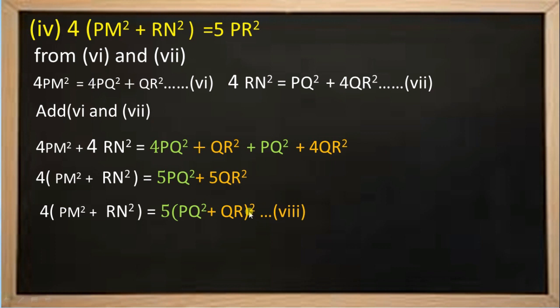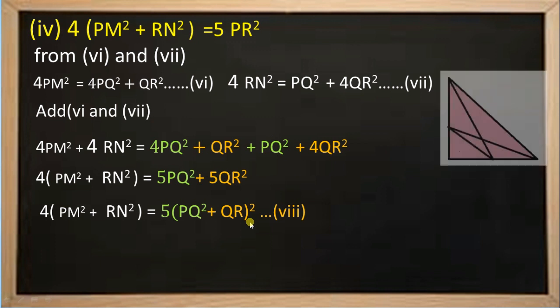Just take this bracket outside the square, children. This is PQ square plus QR square. Don't put square after the bracket. Before the bracket only square should be there. Close the bracket after square here. Now we need PR square. But what do we have on the right hand side? We have PQ square plus QR square. What to do? Observe the diagram and the result over here.